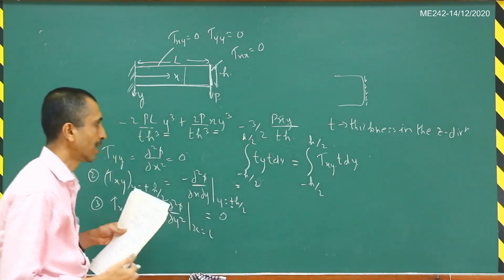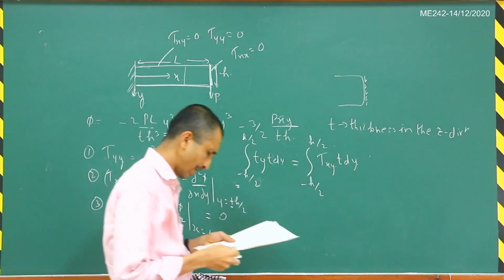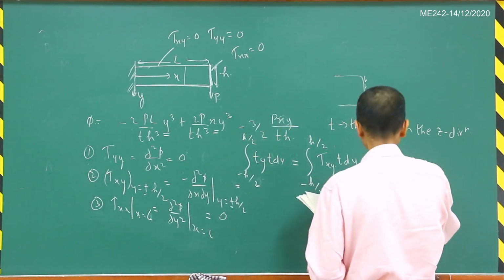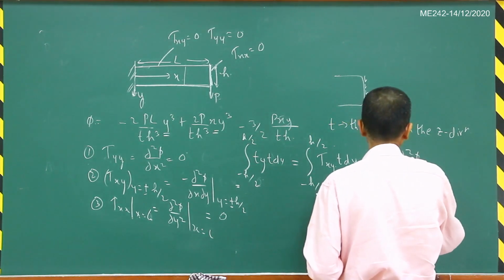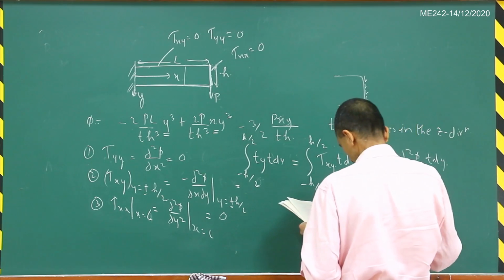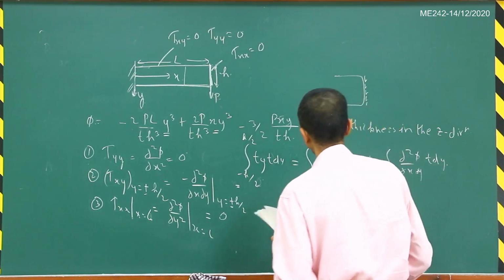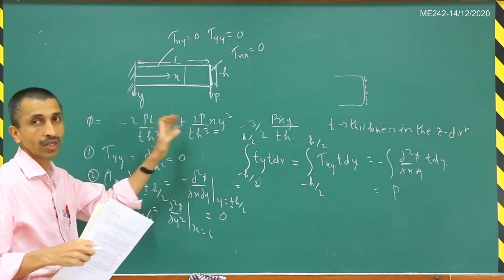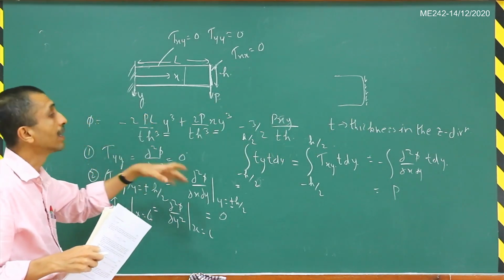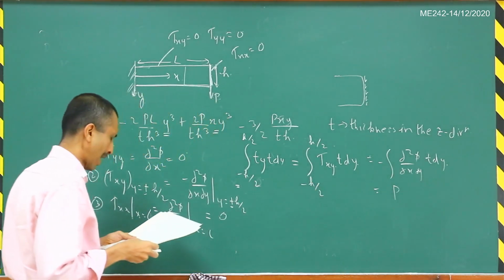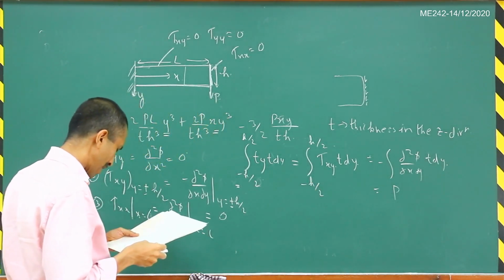And so that is this integral. And then you will see that this is equal to the integral of minus del square phi by del x del y times t times dy, and so that will come out to be P. So that is how actually the coefficients are found. Okay, so the coefficients as functions of P are found from this particular condition here, that your traction distribution integrated over that particular surface should be equal to P.